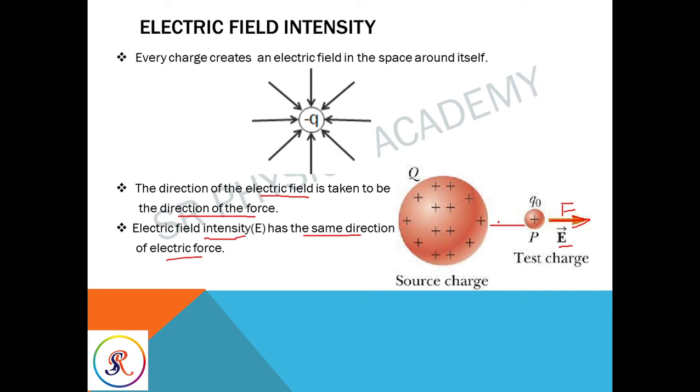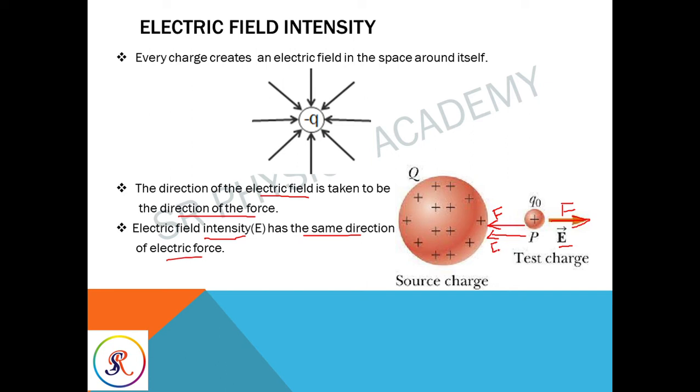Towards this direction, not away from it, towards the charge. So the direction of the force is this direction, and the electric field intensity is the same as the direction of the force. We can mark this as E.